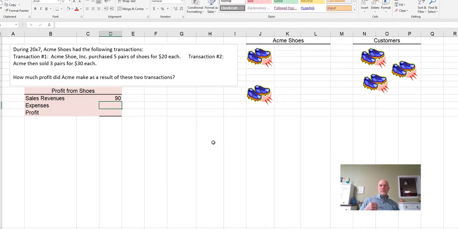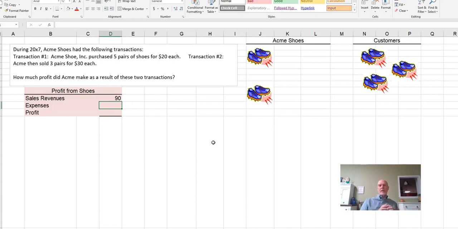And then we're going to subtract expenses. You may recall back when we talked about the calculation of profit in Chapter 1, we said expenses, we're going to recognize expenses or record expenses when the resource expires.